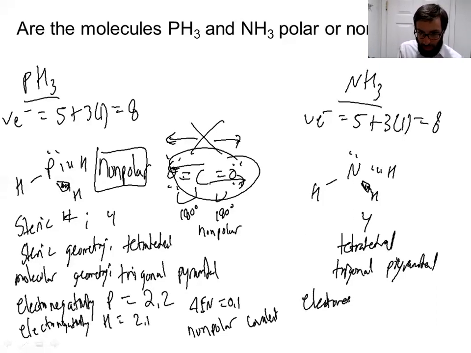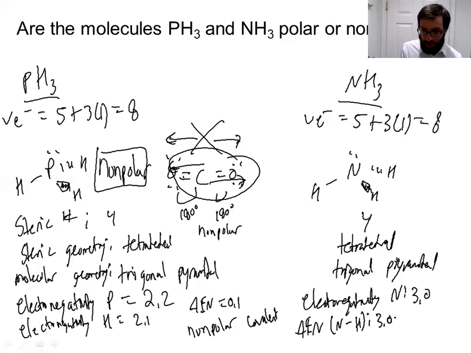Electronegativity of N is 3.0. So we already know for hydrogen, so the delta electronegativity for an N-H bond is 3.0 minus 2.1, that's 0.9. That's greater than 0.4, less than 2. That is a polar covalent bond. So now, nitrogen is winning the tug of war substantially enough.